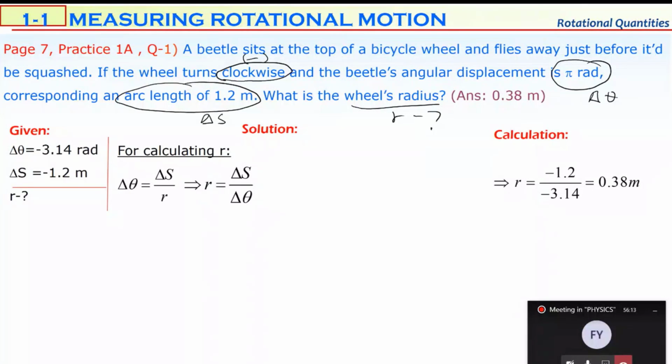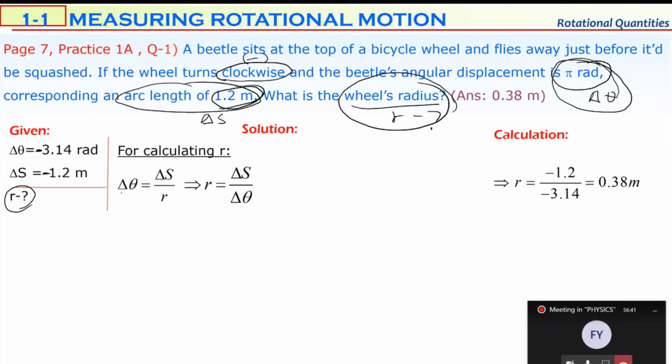Because it says clockwise, both angular displacement and arc length must be written as negative. So angular displacement is pi radian, which is 3.14 radian, but negative 3.14 because it is clockwise. Delta S is 1.2 meters, but it is negative 1.2 because clockwise. So calculate the wheel's radius. What is R?